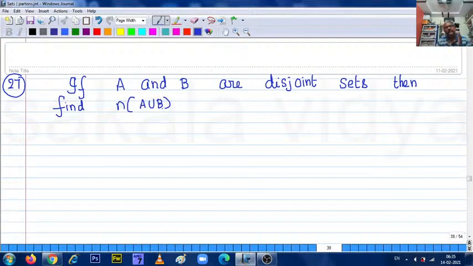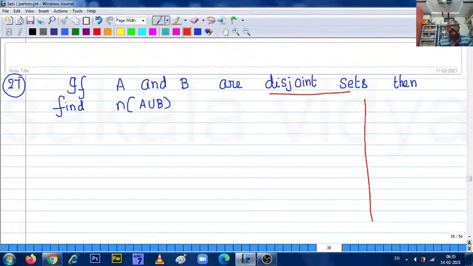So first we need to define what is meant by the disjoint sets. So after defining the disjoint sets, we are able to write n of A union B. n of A union B is equal to, we can make use of the relationship among n of A, n of B and n of A intersection B. So here see, first the concept of the disjoint sets.